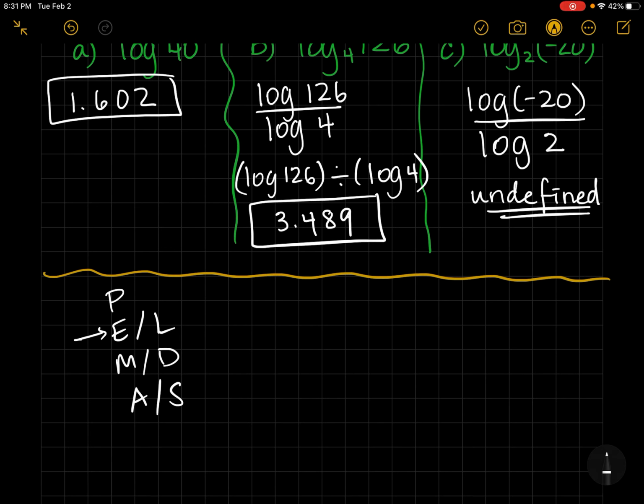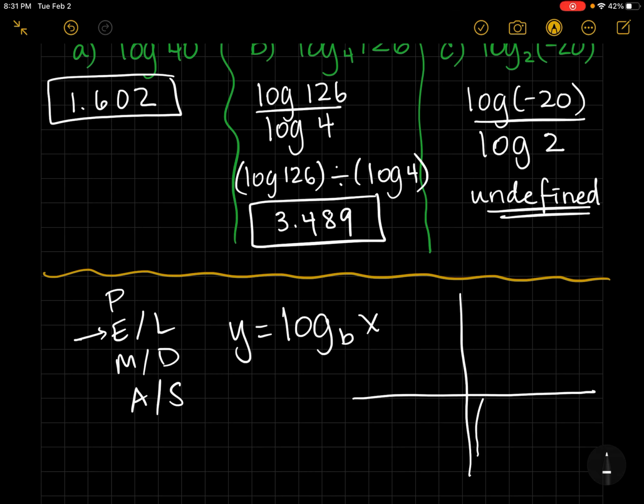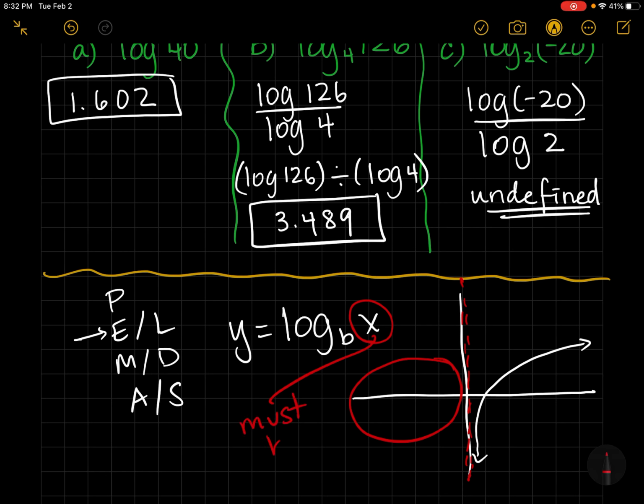I'd like to explain something to you. If you have a log, let's say y equals log base b of x, we're going to soon see that the graph goes like this, never ever touching right here, never becoming negative, and never touching 0. So what we're going to learn is that this number right here must be positive.